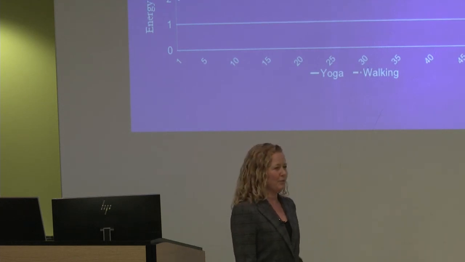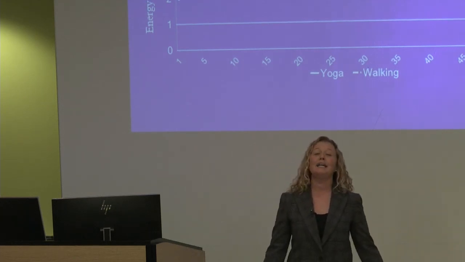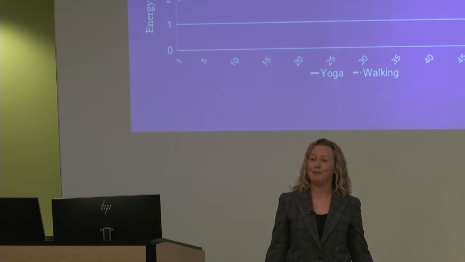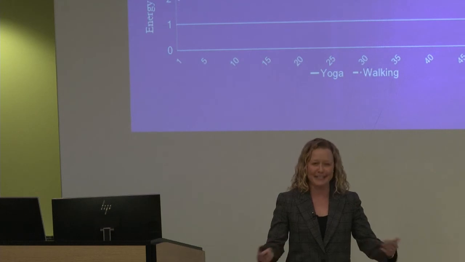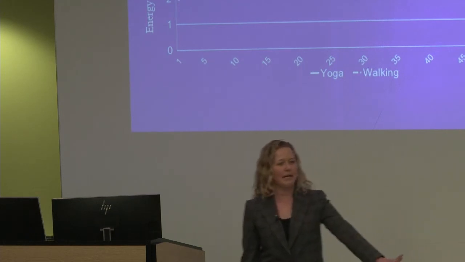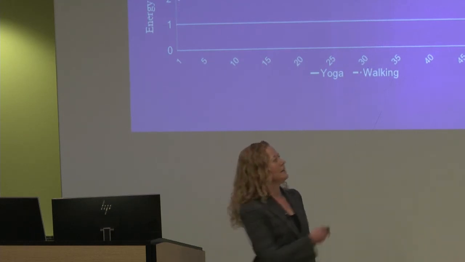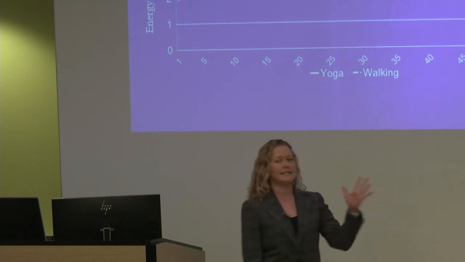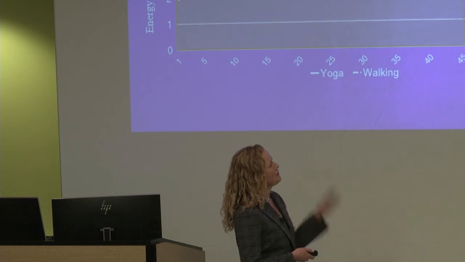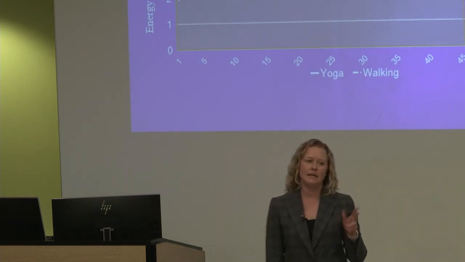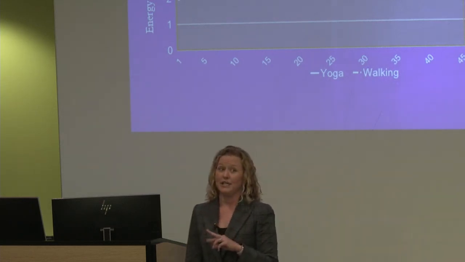So no one ever was saying, lying in Shavasana is more energy expenditure than walking. No one was ever saying that. So we didn't actually think that. But in a 60-minute walking session, this is the energy expenditure versus 60 minutes of yoga. And so what we see is the first 45 minutes of the practice, there was actually no difference in the energy expenditure.